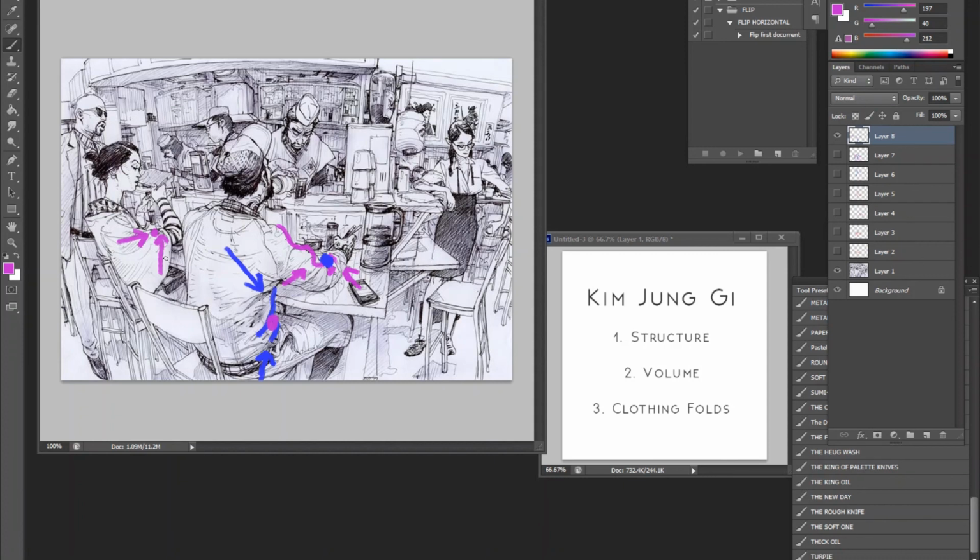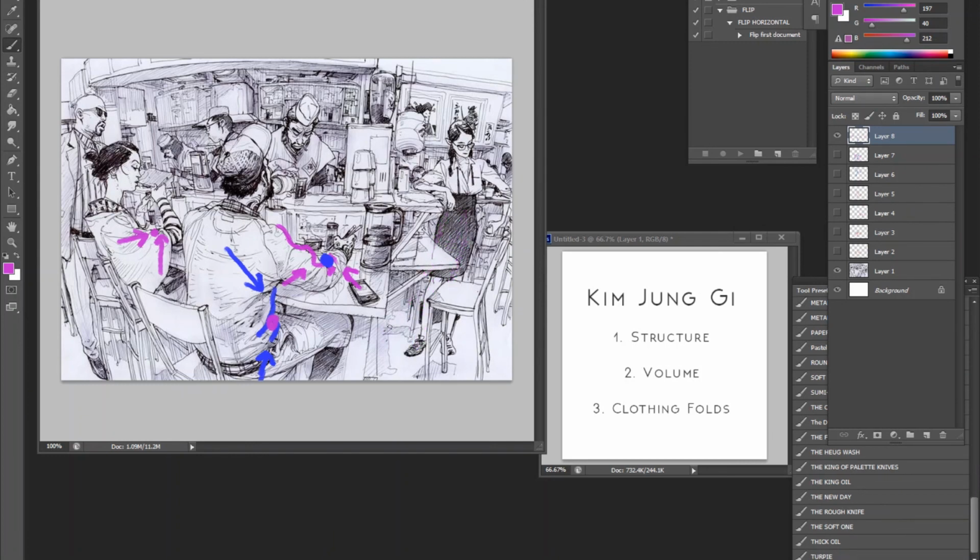So one instance here that I noticed is this girl's skirt at the back. Look how simplified this shape is. Yes, in reality, there are probably folds going like this because of the tension of this leg here coming out.